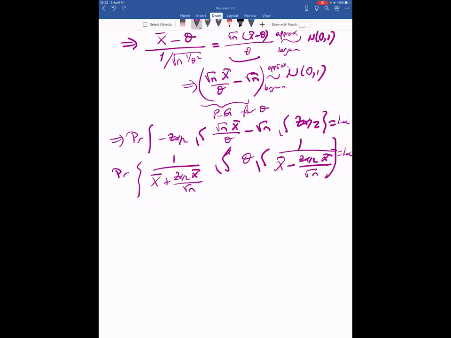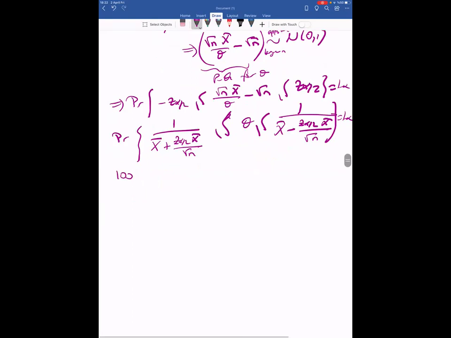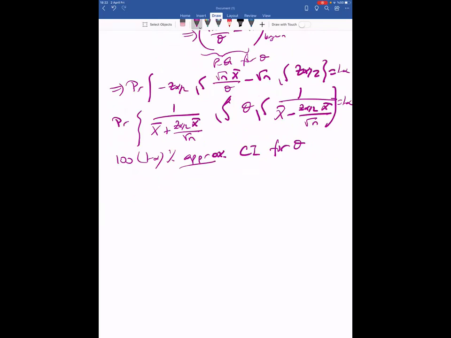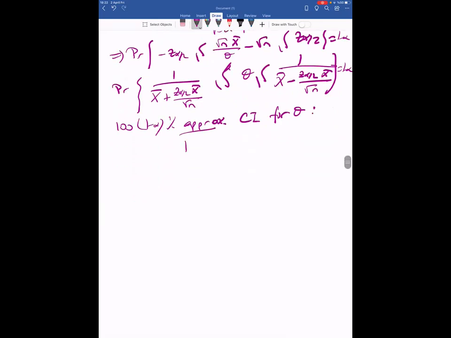Okay, so after that we can write a 100 times 1 minus alpha percent approximate confidence interval for theta as, with the lowercase versions of x bar, x bar over 1 plus z alpha over 2 over square root of n, and x bar over 1 minus z alpha over 2 over square root of n.